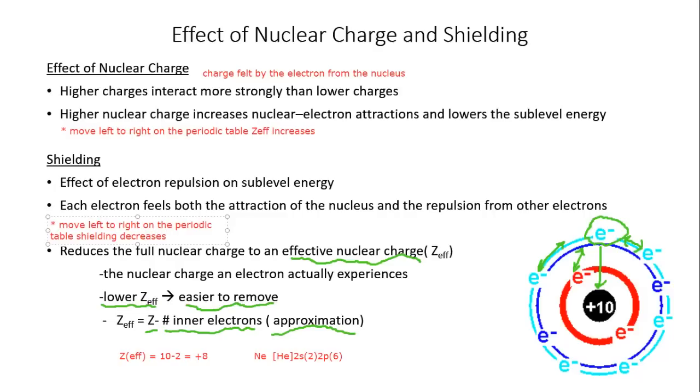If you have a high effective nuclear charge, you're going to have less shielding. The main focus of shielding are the inner electrons, but even sometimes the other electrons in the same energy level cause shielding as well. So these are things to remember. They're going to help us explain why atomic radius decreases from left to right.